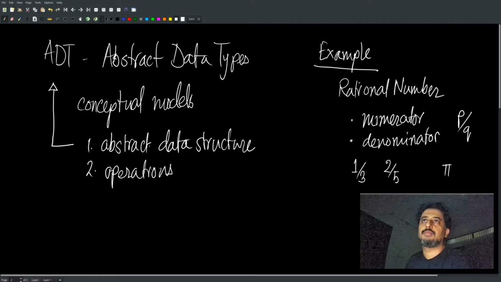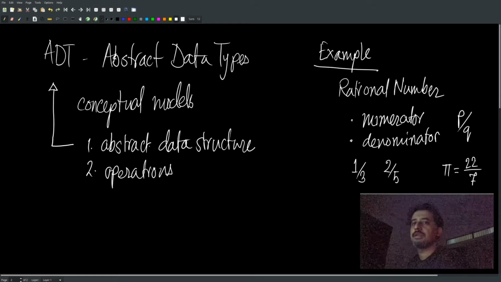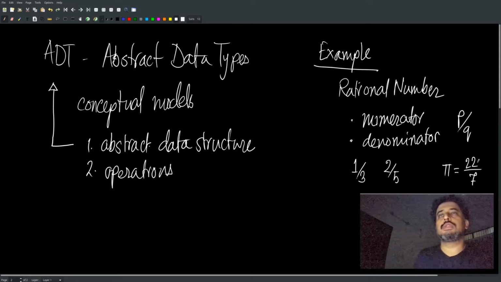So for example, pi is not a rational number because you just cannot write it in p by q form. If you want to represent pi as 22 by 7, then this is definitely going to be wrong, right? It's a very bad approximation of pi, because you just cannot find two integers whose ratio represents pi.